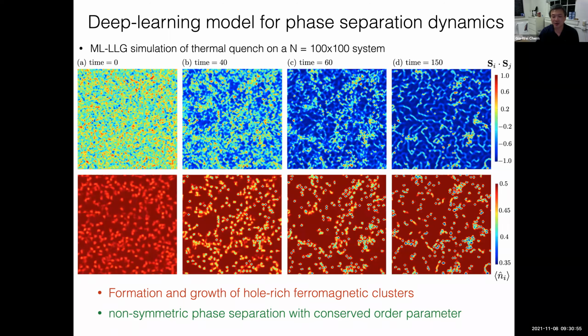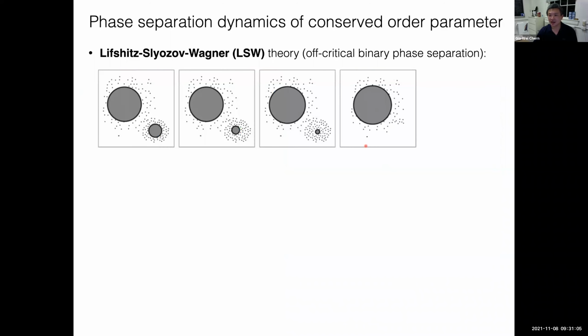So next, we want to understand the domain growth of these ferromagnetic clusters, these hole-rich regions. To understand the theoretical background, we know that since the number of doped holes is a conserved number, the phase separation dynamics of this kind of conserved order parameter was originally considered by Lifshitz, Slyozov, and Wagner.